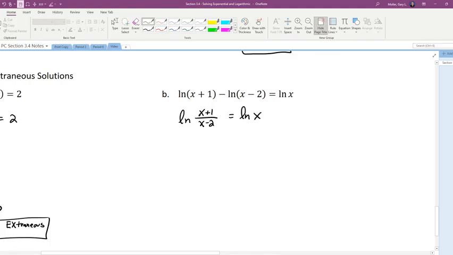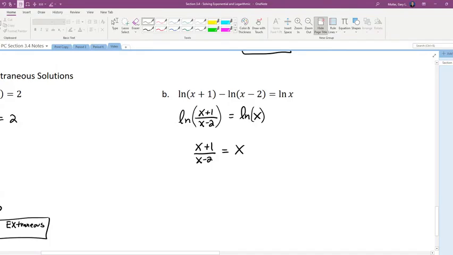I could, if I want to, move that other natural log over and condense that as well, equals 0. But at this stage, we don't really need to do that because we're at that one-to-one stage where natural log of this and natural log of this are equal. So the only way that's possible is if (x + 1)/(x - 2) = x.